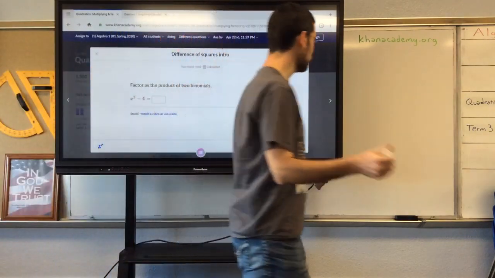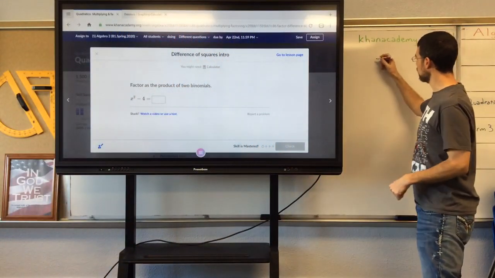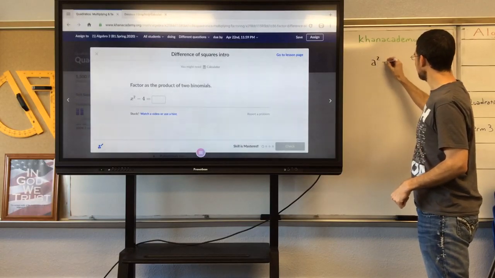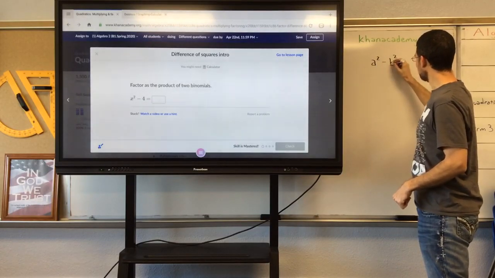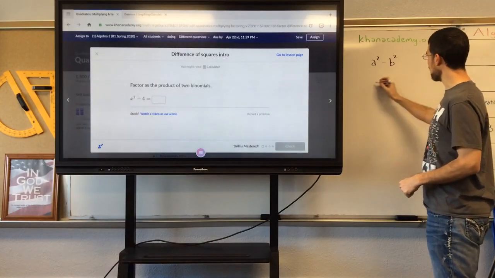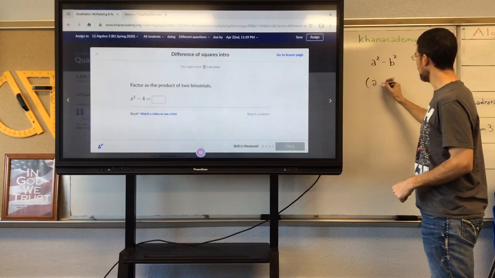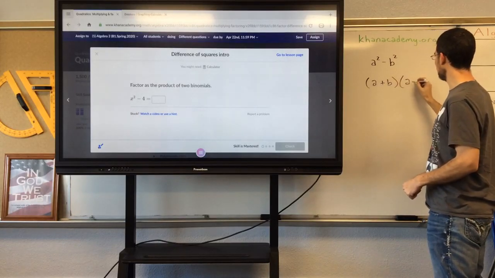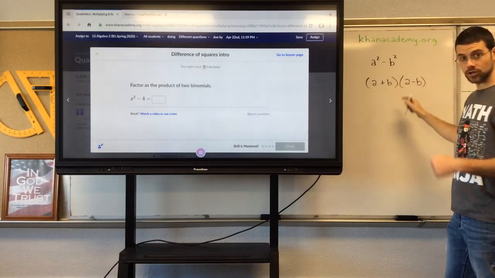So in general, we've seen that if we take a squared minus b squared, where a and b are just constants, we can factor that into a plus b times a minus b, and we'll show that that's true.